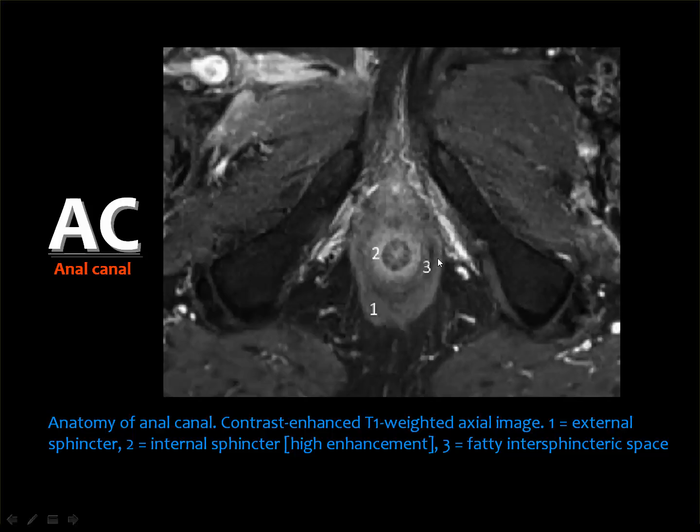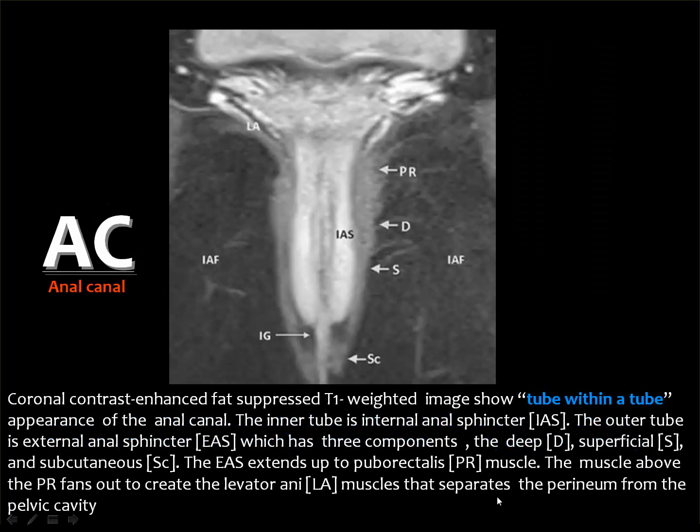Then you see the external anal sphincter, and the low signal band between both sphincters represents the intersphincteric fat. Once more, this is the same tube within a tube. This is the coronal post-contrast fat saturated image for the anal region. You see the anal canal, you see the internal anal sphincter, and you see the external anal sphincter.